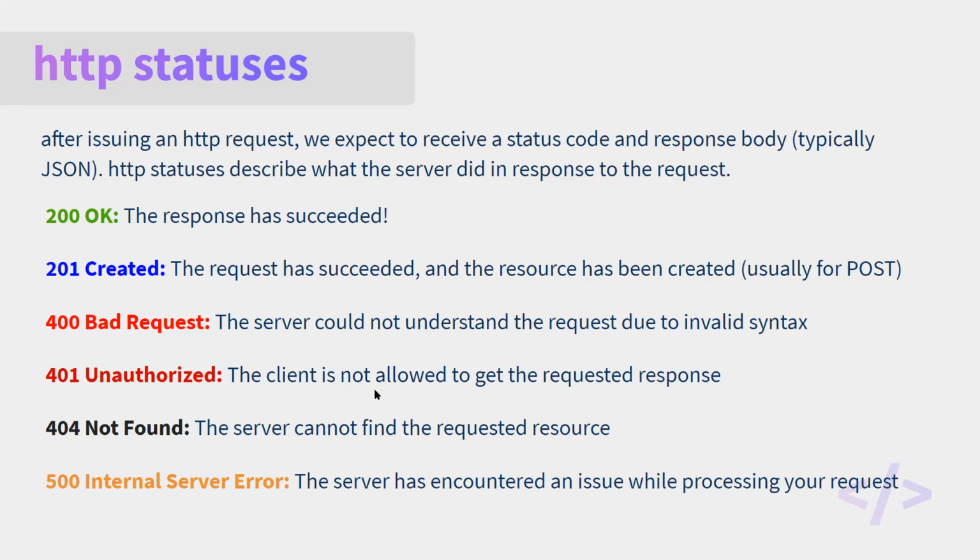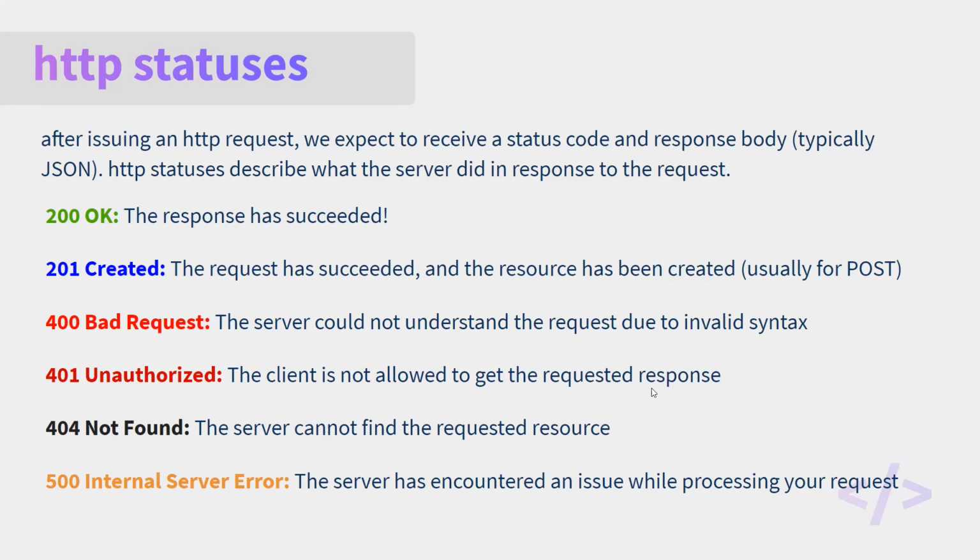401 unauthorized, the client is not allowed to get the requested response. So in Postman, there's actually auth headers and stuff. That's where you would put that information so that the API will validate you and give you the stuff that you're asking for. 404 not found, the server cannot find the requested resource.